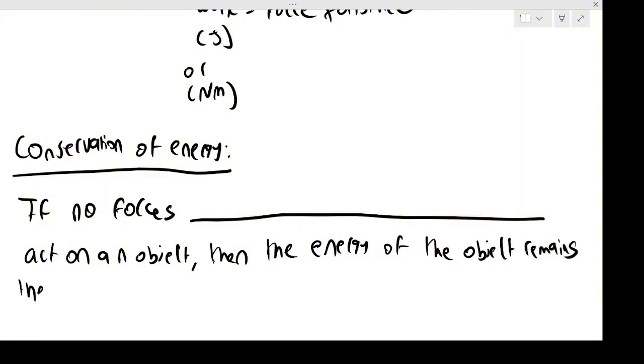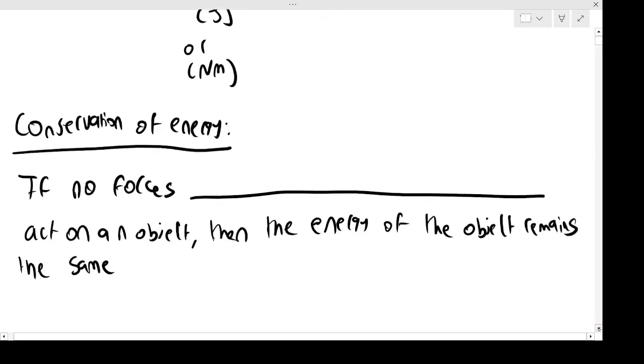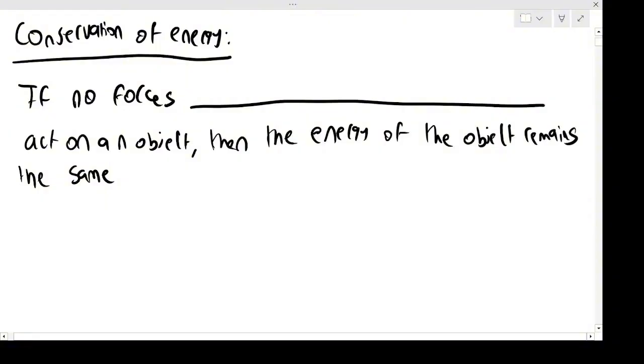So for example, let's say a car has, I don't know, 5,000 joules. It will always have an energy of 5,000 joules as long as no forces then act on the car. So the energy will always remain the same unless we add forces to the object. So no forces acting on the object keeps the energy the same.